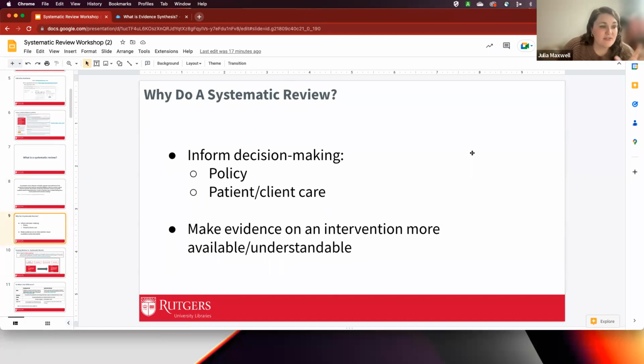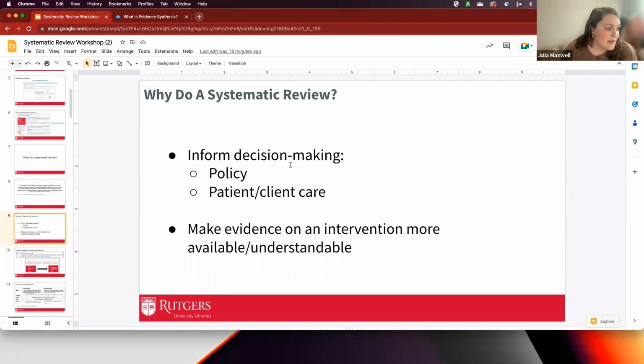So we saw that trickle up in a way to where it informed policy then also. And then we saw it move to the social sciences, where we see it now more with social science interventions or client care, for instance. Shout out to all the social work folks here.